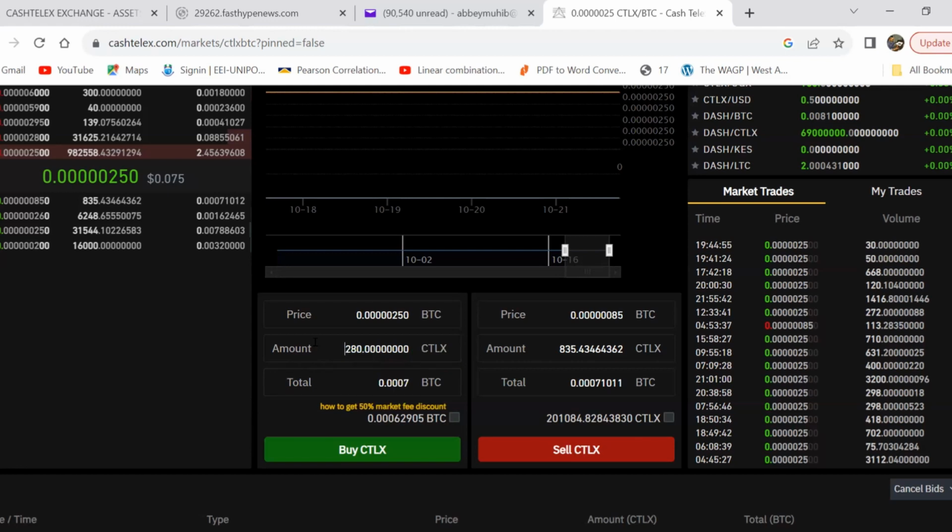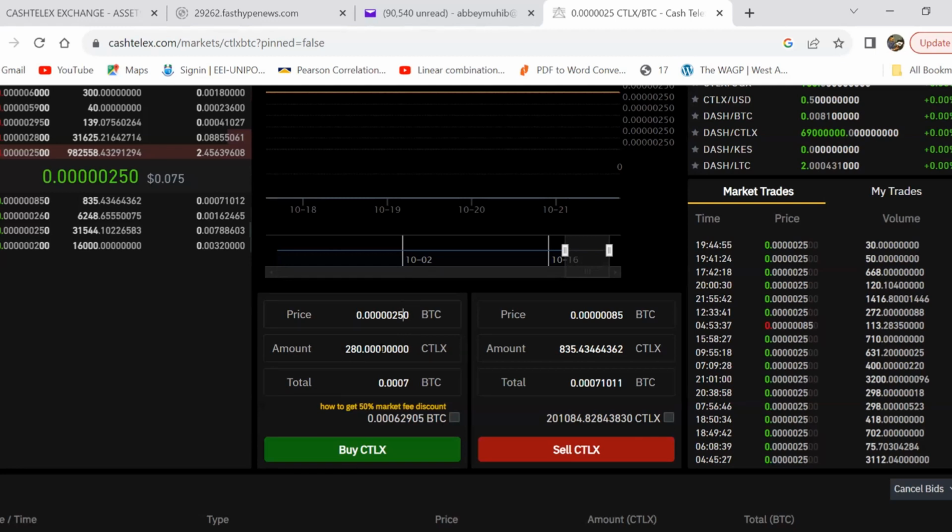It's telling me that if I'm buying at this rate that we have in the exchange, with this total number of BTC, 0.007, automatically I'm going to get 280 CTLX.